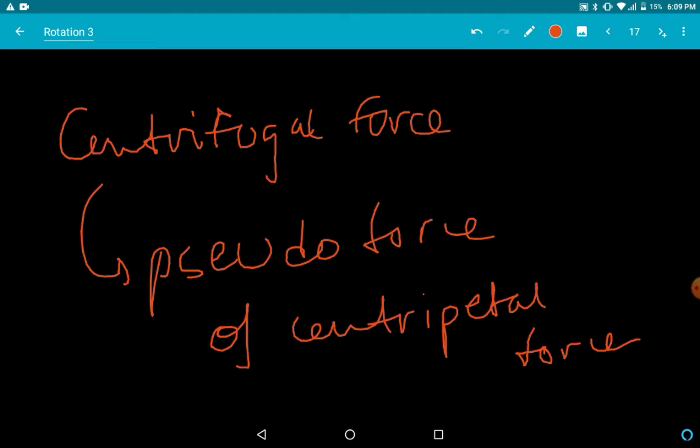Centrifugal force is the pseudo force of the centripetal force. It is already written in this book, the force assumed to be acting on the body in a direction away. I am going to talk about the direction later. The force assumed, it is an assumed force, that's why it's a pseudo force.